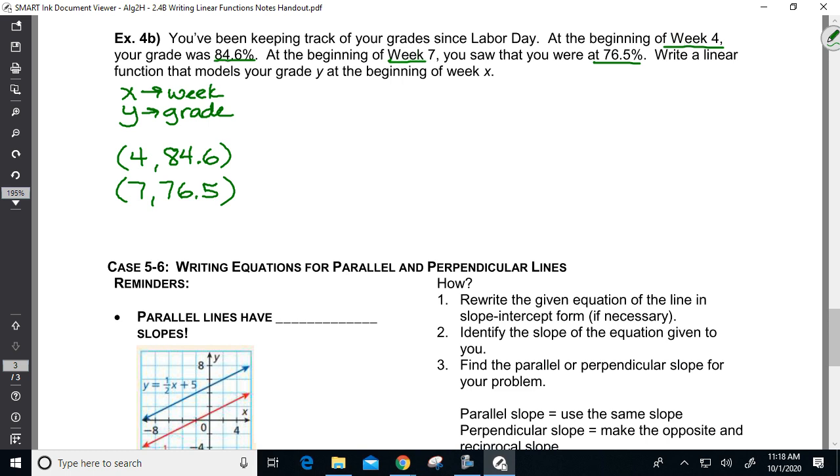All right. Well, this problem now is no different than what we just finished doing with part A. Find the slope. X1, Y1, X2, Y2. Mark that there. See, even I don't do everything in my head.